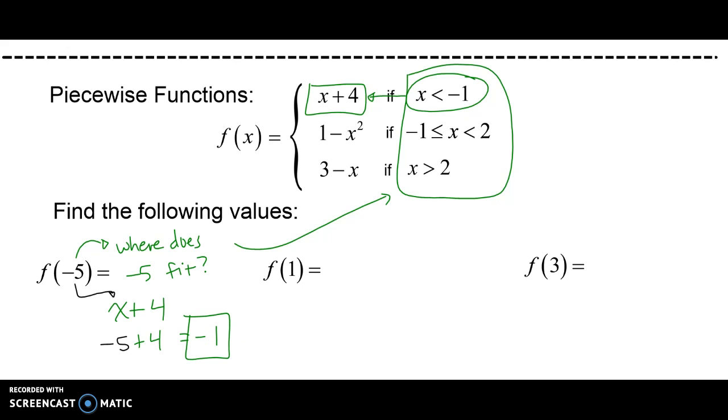So that's pretty easy. Comes out negative 1. Once you know how you're supposed to read these, that you look at the inequality first to figure out which row you're in, and then you plug into the equation from that row, the actual process of plugging in will be easy. Like, let's take a look at this next one, f of 1. Where does 1 fit? 1 fits into the middle.